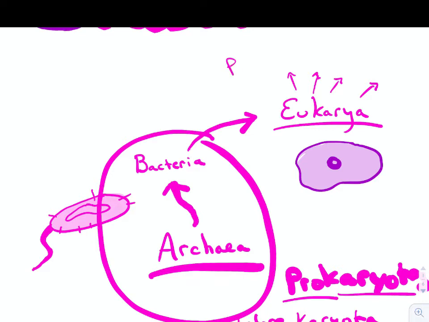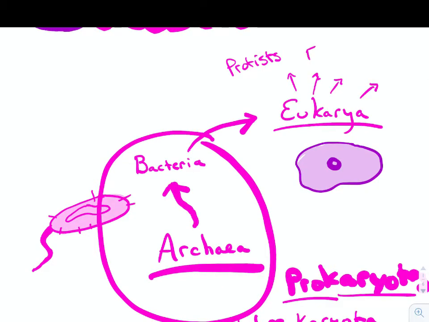So we have protists, or protista, we have fungi, we have plantae, plants, and animalia, all animals. Single-celled, multi-celled, all of them are in this group.